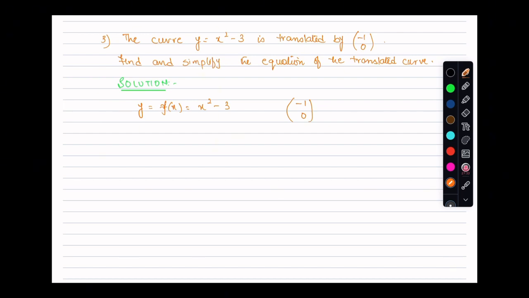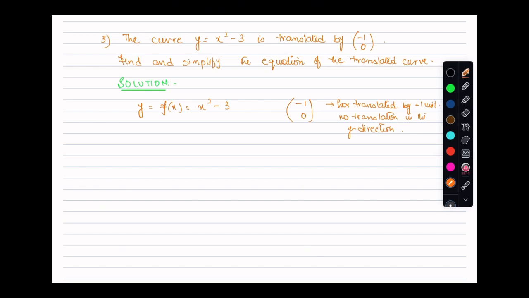One thing is very clear: this is getting horizontally translated by -1 unit, and there is no translation in the y direction. So there is just the translation along the x-axis, by -1 unit.